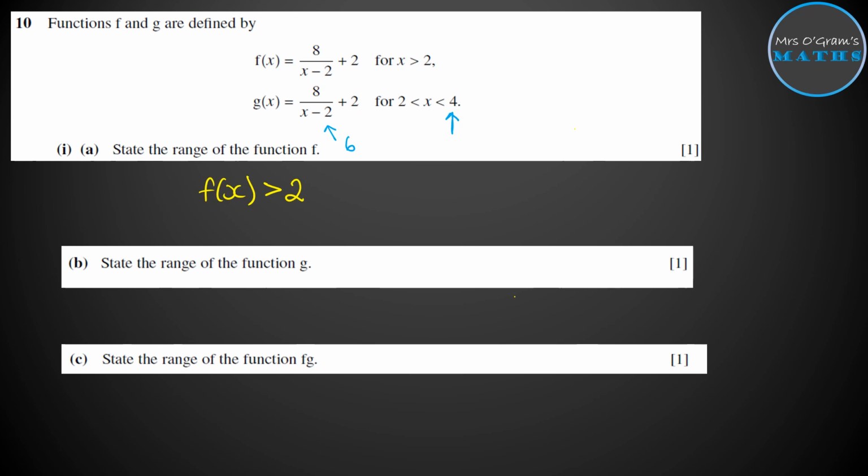If we go down to the 2 part of that equation, then what we're doing is getting close to having the bottom of this fraction being very close to 0. Now if we do 8 divided by something very close to 0, we're going to get a large number. So 8 divided by a very small number and then add on 2 is still a very, very big number.